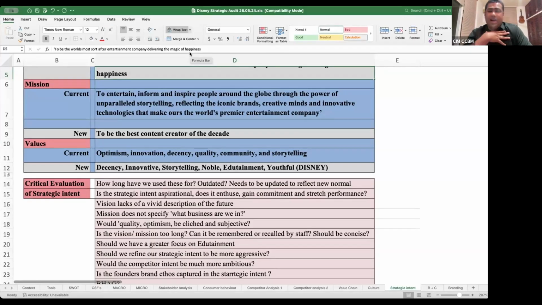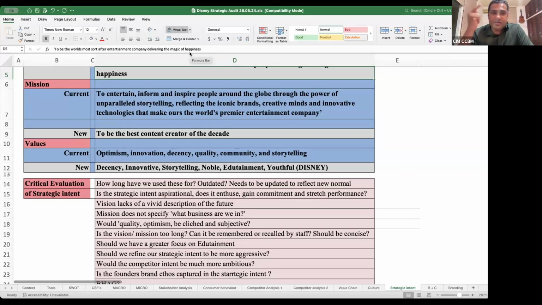So I'm a marketing consultant, right? So I'm saying throw your values away. Our Disney values are Disney, easy to remember: decency, innovative, storytelling, noble, edutainment, youthful. Everyone can remember it now. All staff can remember it. Disney values is Disney, right?